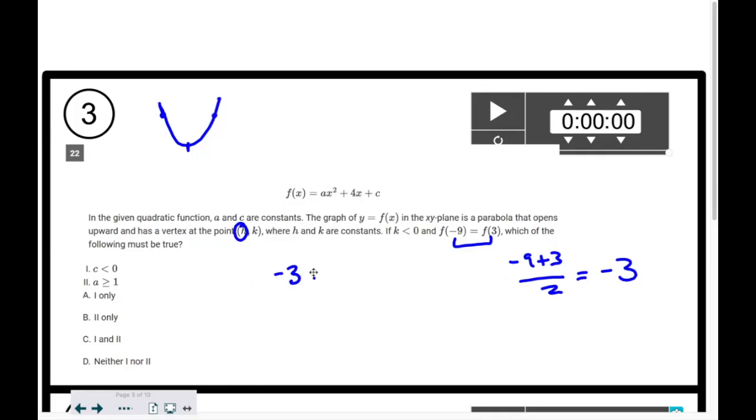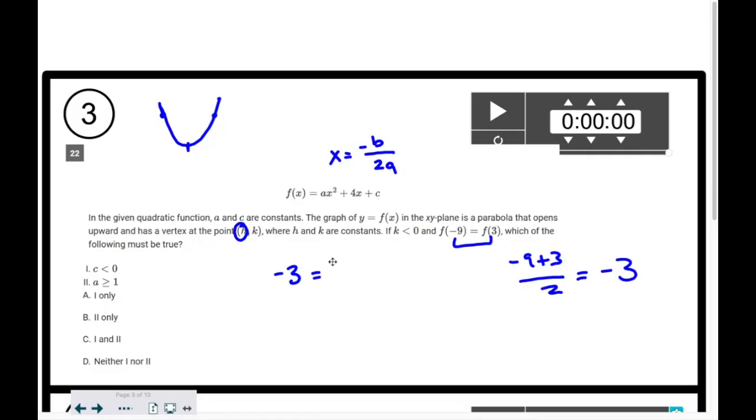And also, another thing I should know is that if something's in standard form, the x coordinate of the vertex is always -b/2a. So I just put those two concepts together: I know the x coordinate is -3 because it's halfway in between, and I know that this is the formula for the x coordinate of the vertex in standard form.